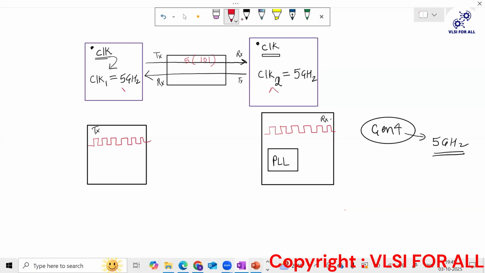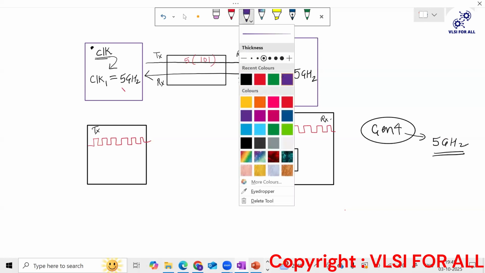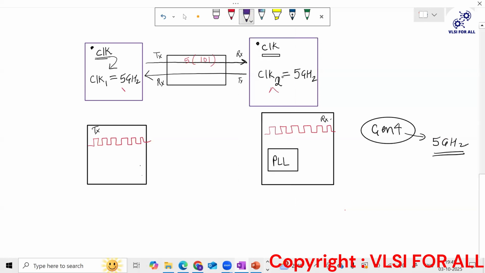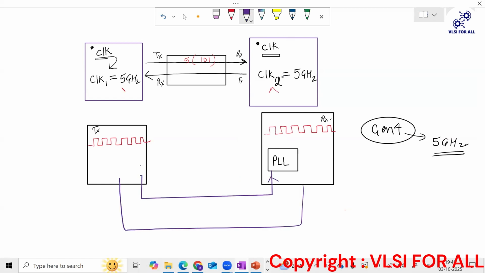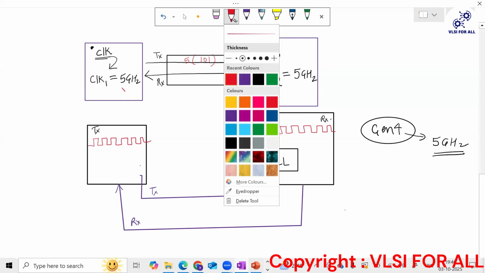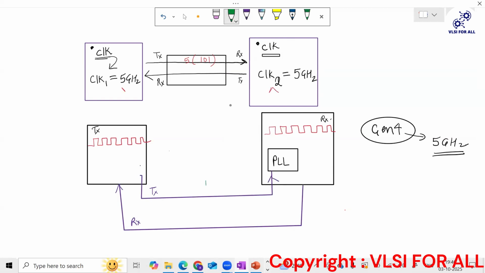Now, you have only TX and only RX, and they are used only for sending data.